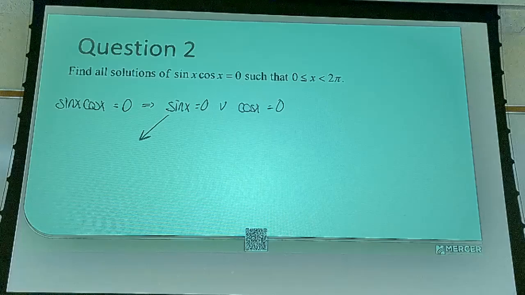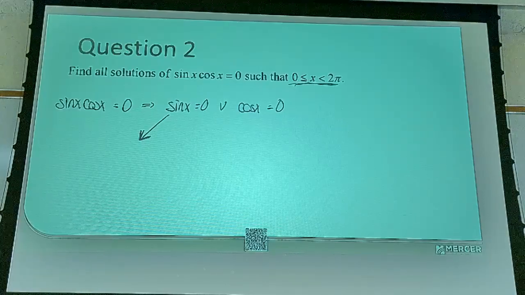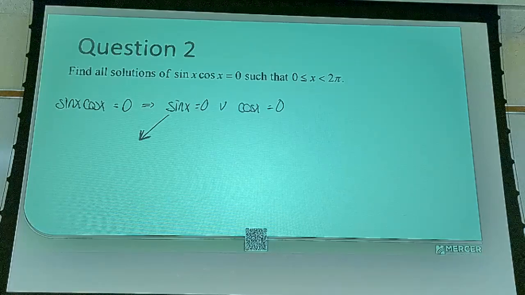If sine of x equals 0, and I'm not going to do all infinite solutions, I'm only considering 0 to 2 pi. So look on the unit circle. What angles have a terminal point with y coordinate 0?